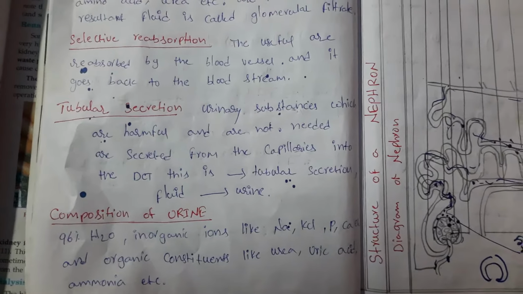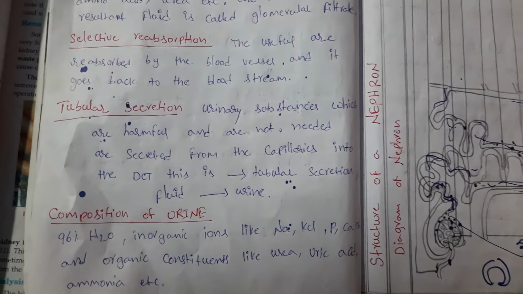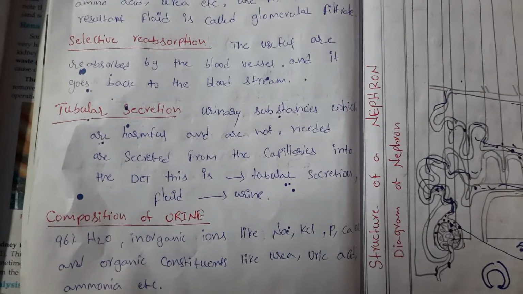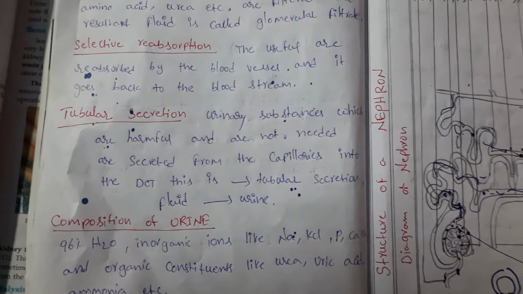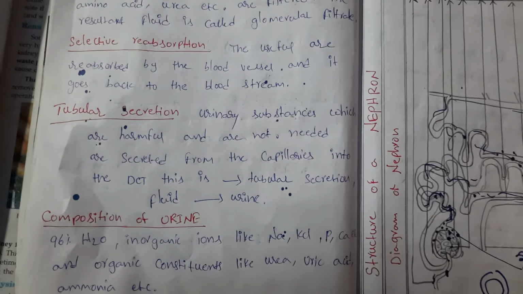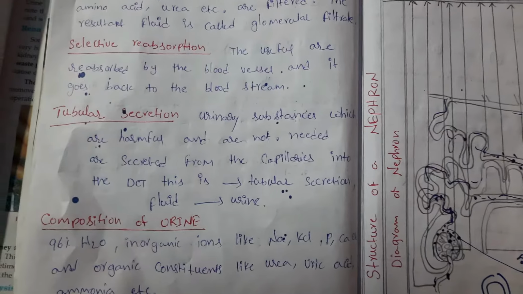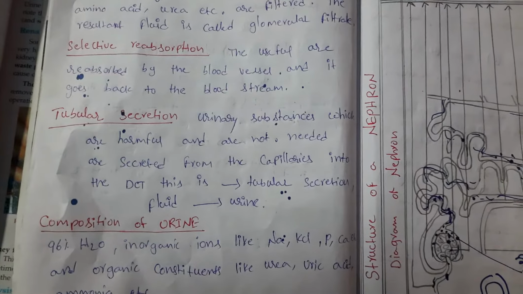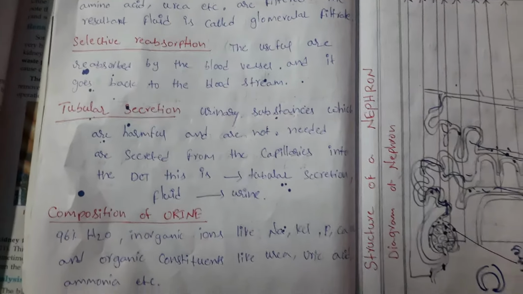Next, third step, tubular secretion. Urine contains harmful substances. Yes or no? Urine is a very harmful substance, and substances that are not needed are secreted from the capillaries into the DCT. This is tubular secretion.